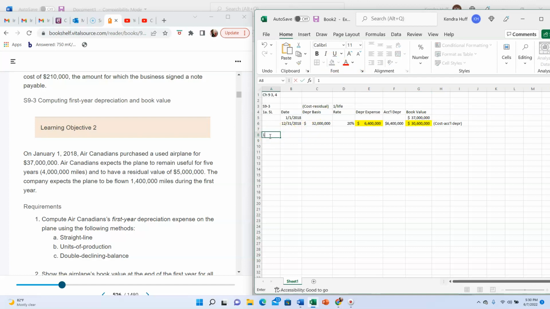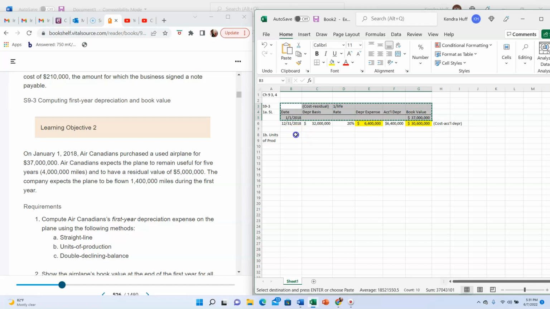All right, 1B is units of production. So we kind of have the same basic beginning up here, so let me copy this. It's going to change a little bit.